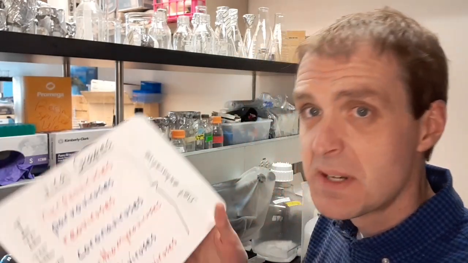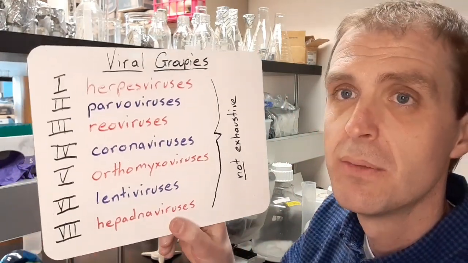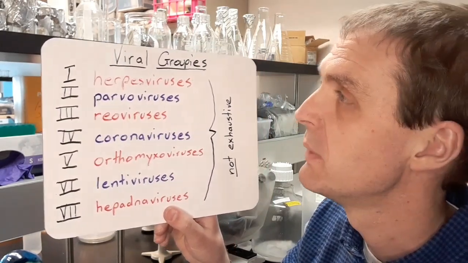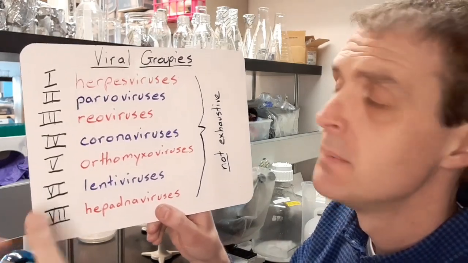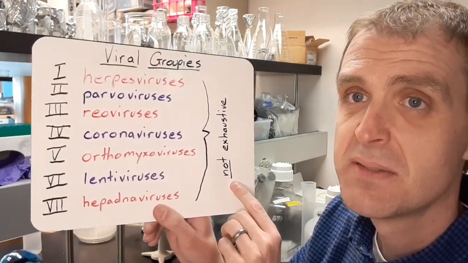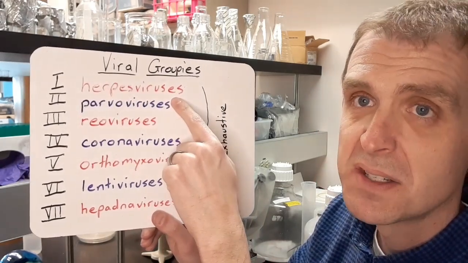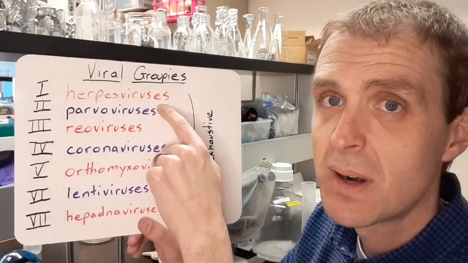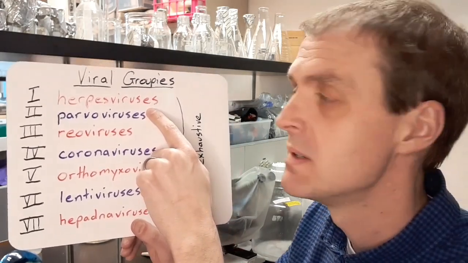And as long as I was mentioning all those groups of viruses, I figured I'd make a quick note of what some of the viruses are that fall into these different groups. So we've got our viral groupies here, and I've listed them 1 through 7. Now this is not an exhaustive list. Group 1 viruses, for example, herpes viruses are an example of those, but so are adenoviruses, and so are pox viruses.